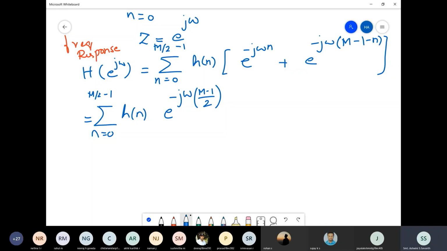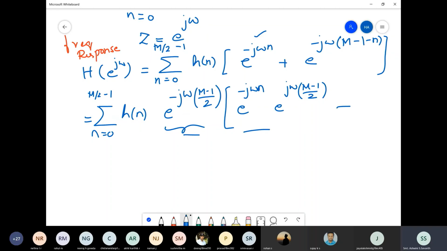Or rather you can say multiply and divide by this term, whatever is convenient or understandable. So e power minus j omega n we have here. If I have to take this term common, I should have a term e power plus j omega into (M minus 1) by 2. Am I right? Then when you multiply it back, you will get back this term when you multiply these two terms.